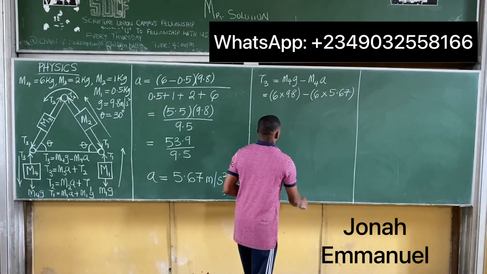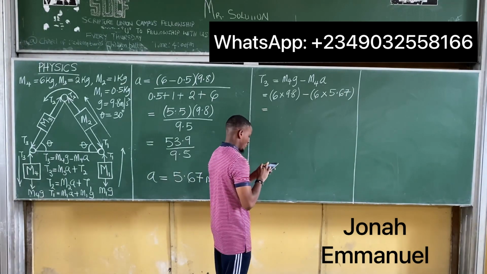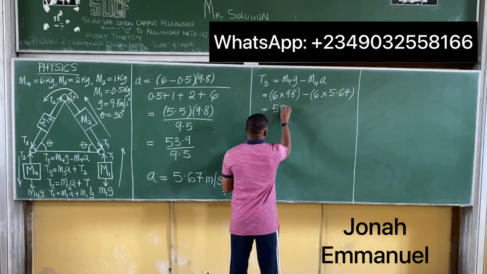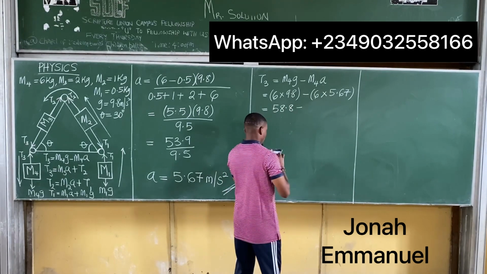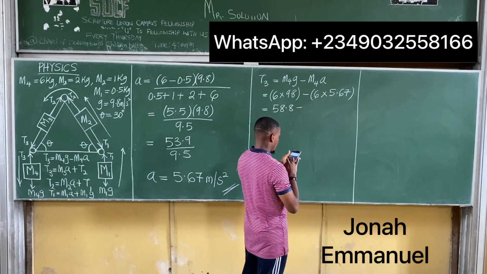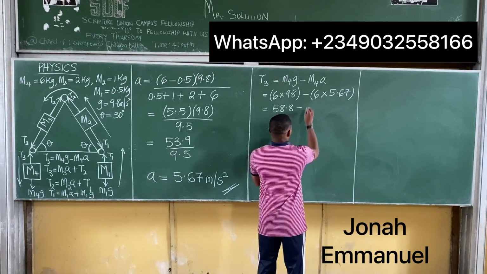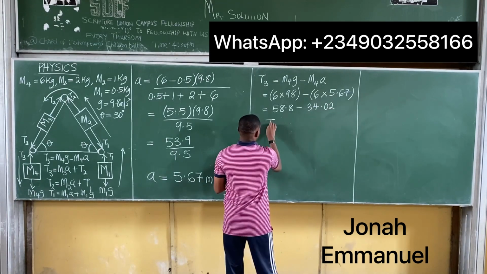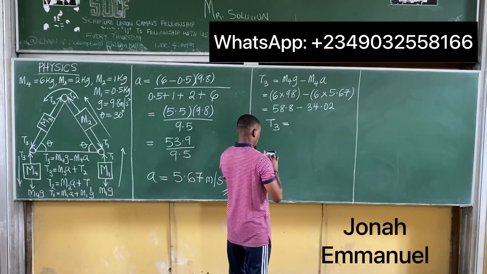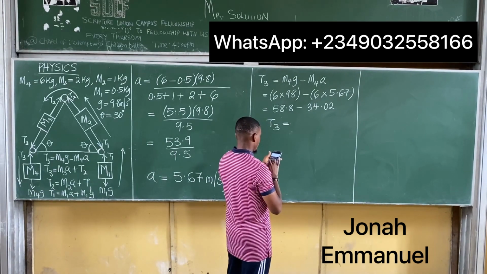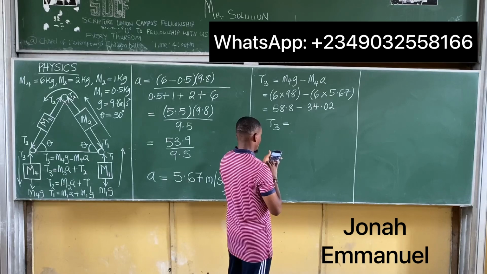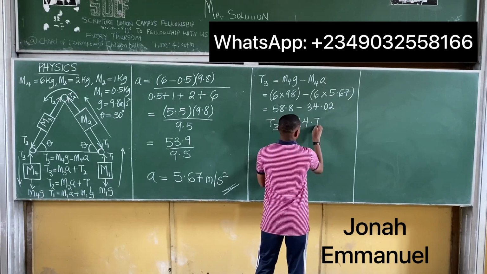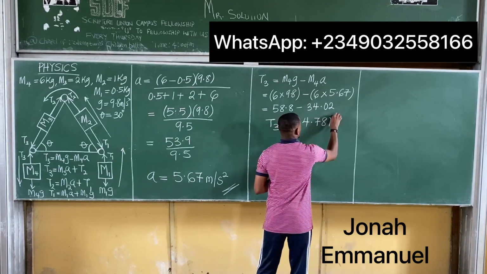Multiply this: 6 times 9.8 is 58.8, minus 6 times 5.67, that's 34.02. If I subtract this, T3 is equal to 58.8 minus 34.02, that's about 24.78. Tension is measured in Newtons.